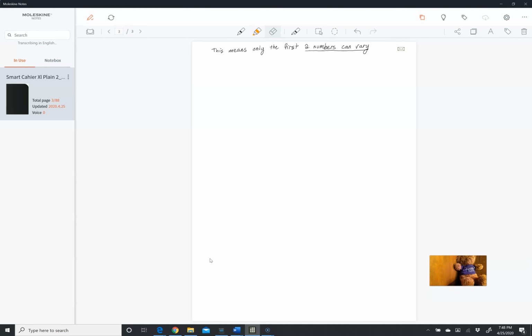Now I underline that because we just said that the degrees of freedom is the same thing as the number of values that are free to vary. So this is saying we are free to choose the first two numbers as whatever we want, but we're really not choosing the third, okay?